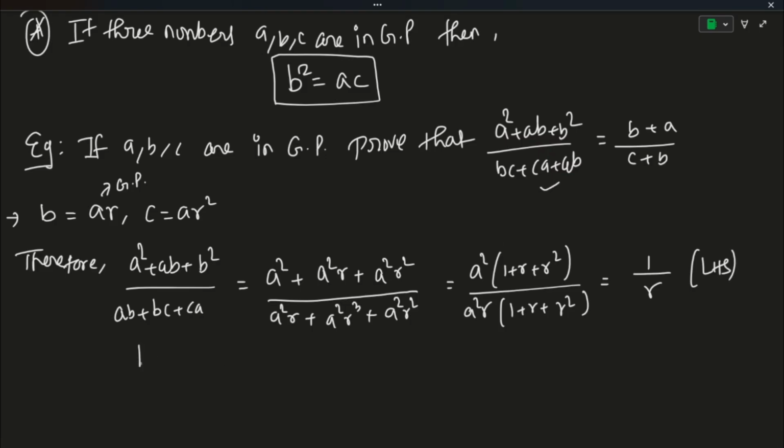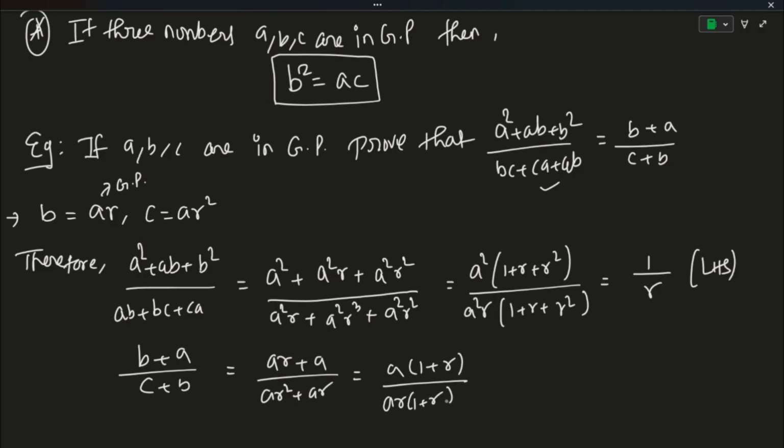Now right hand side की बात करते हैं. B plus A by C plus B. Now what is B? B is AR plus A and C क्या है? C है AR square plus AR. Again ऊपर से you can take A common and write A whole into 1 plus R. नीचे से you can take AR common and write 1 plus R. Cancel everything off and you will get again 1 by R, and this is your RHS.